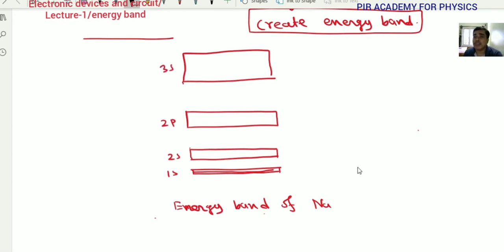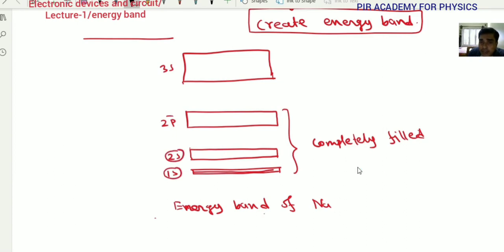Okay, this is the 3s energy level. These are completely filled. So this is a 1s energy band, this is a 2s energy band, this is a 2p energy band, this is a 3s energy band.